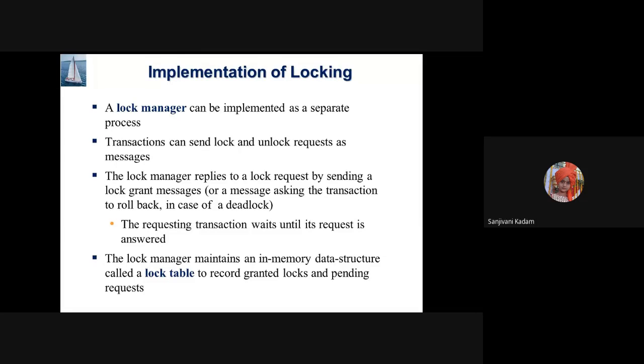Whenever any transaction is chosen for rollback, the lock manager may ask that transaction to roll back. So a lock manager replies to a lock request by sending a lock grant message. The grant message is an acknowledgement for acquiring the lock on the data item by the transaction, or a message asking the transaction to roll back in case of deadlock.